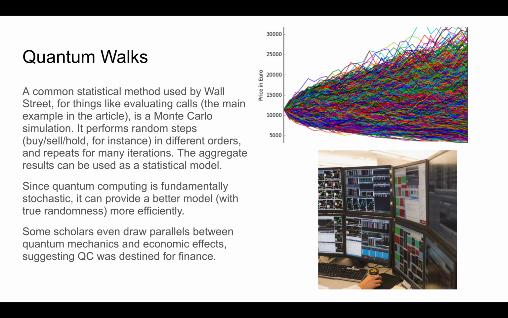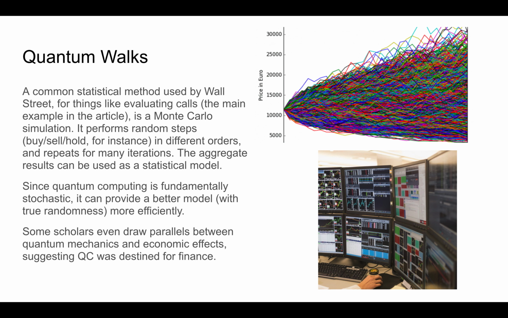So it could provide a better model, and it could also be much more efficient because all these different outcomes could be held in superposition. I see. So this is a place where different firms will start implementing this early to stay ahead of the competition.